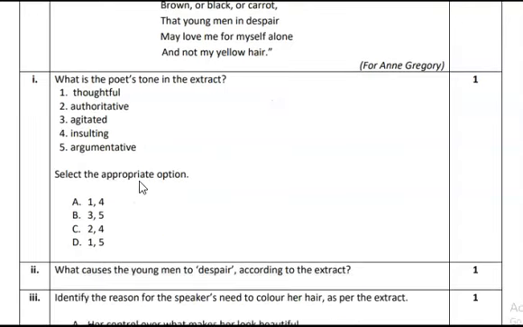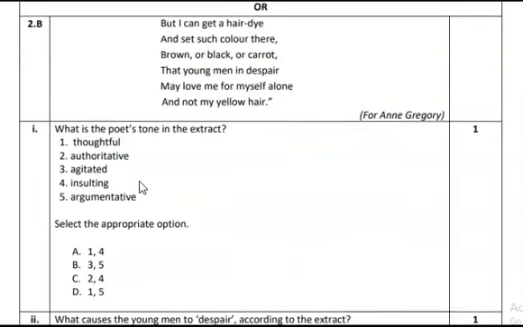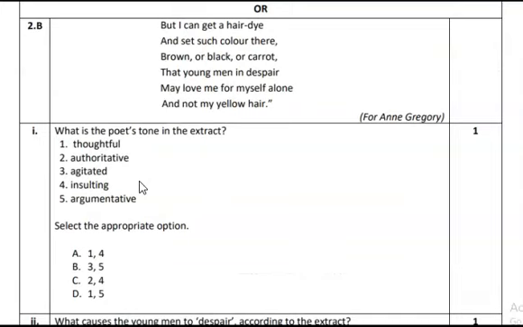What is the question? The first question is, what is the poet's tone in the extract? The options are thoughtful, authoritative, agitated, insulting, argumentative. The tone of the poet is of course agitated, so agitated is number 1, and he is giving an argument.